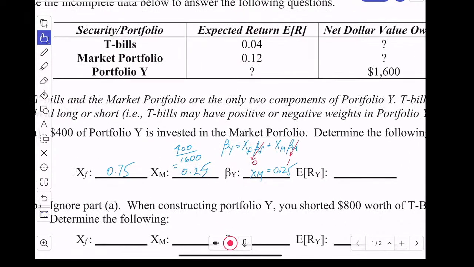And then the return for the new portfolio is the weighted average. Keep in mind, I don't have to write an E when it comes to the risk-free because it doesn't have variation, volatility. So that is the weighted average.